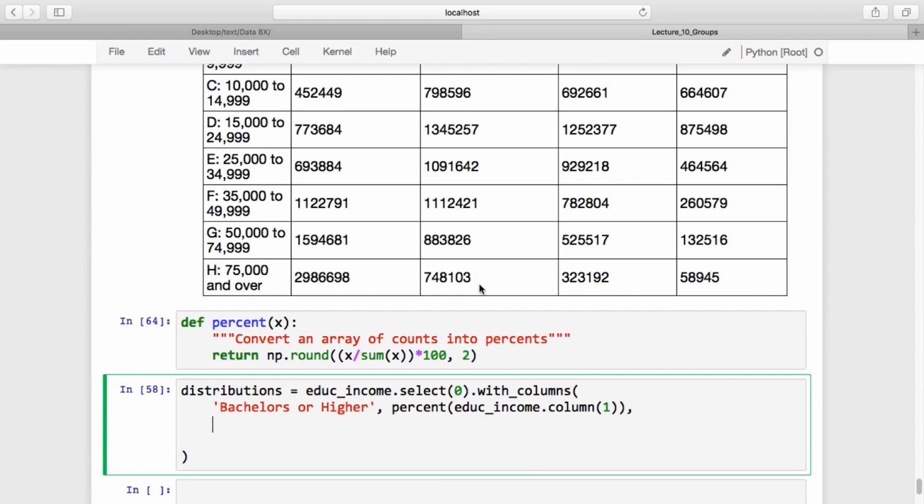Why don't we just look at column 3, which was high school. So high school or equivalent, but not more. Convert that column of counts to percents.